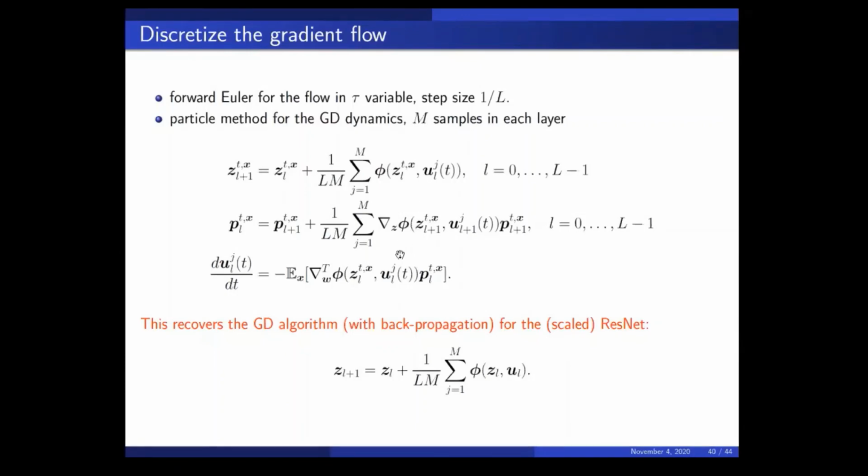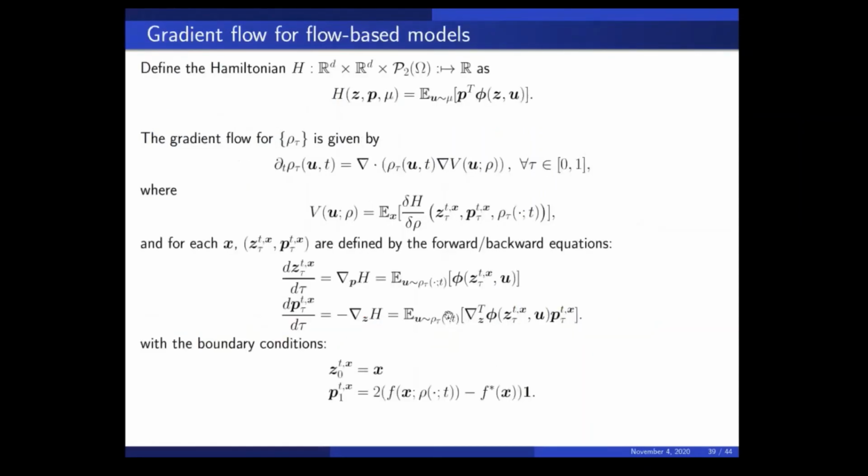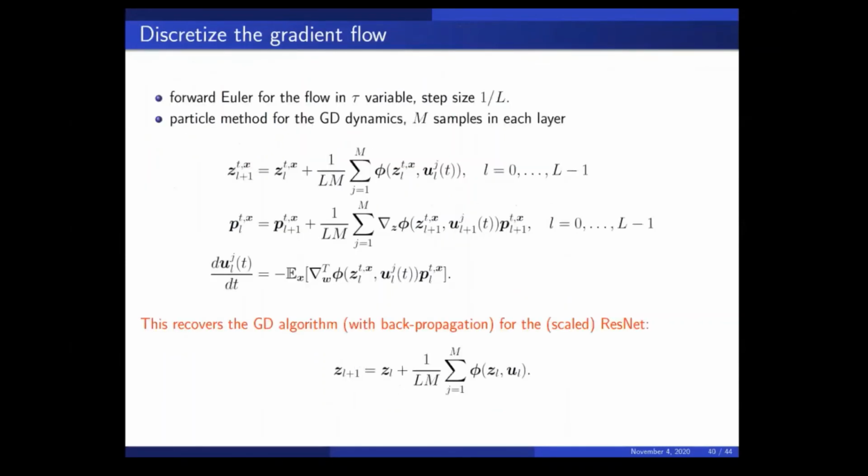We get this numerical algorithm, and this numerical algorithm is nothing but the gradient descent algorithm for these ResNet, residual networks. Okay, so this says that the very natural particle method discretization of this continuous formulation recovers gradient descent algorithm for ResNet, residual neural networks, which is the most popular network.